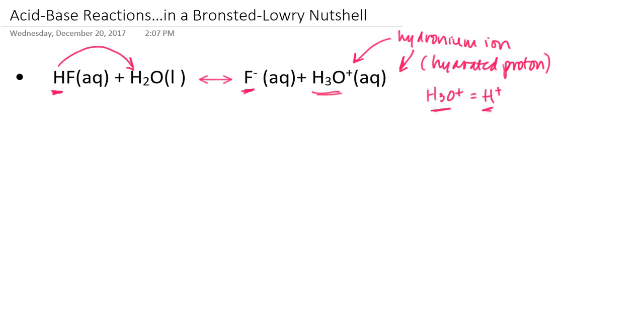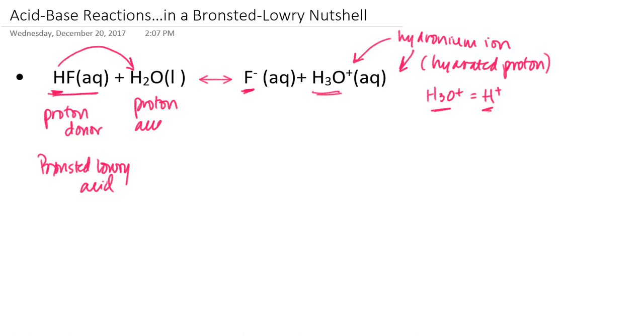And so, since the HF is actually acting as a proton donor, then we consider it a Bronsted-Lowry acid. Whereas the water is actually acting as a proton acceptor.